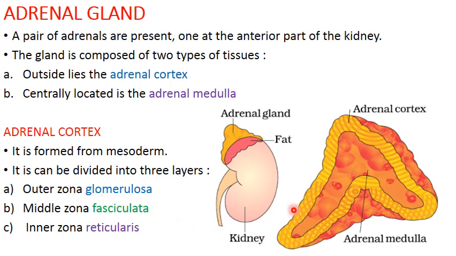So बाहर वाला layer zona glomerulosa. Middle layer is zona fasciculata, and inner will be zona reticularis. So these are the 3 layers of the adrenal cortex.